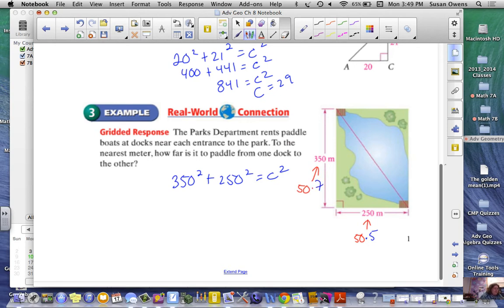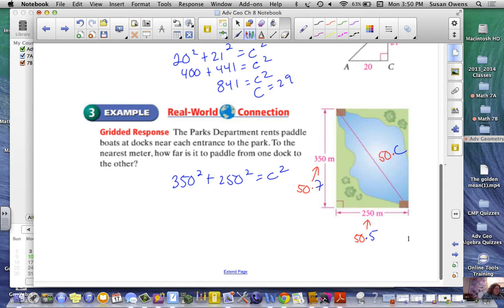And so what I can do is say, well, this is 50 times c. So I can do the Pythagorean theorem on just the 5 and the 7, and then I can take my answer and multiply it by 50. And that's a lot easier, especially if the problem says leave your answer in simplified radical form.